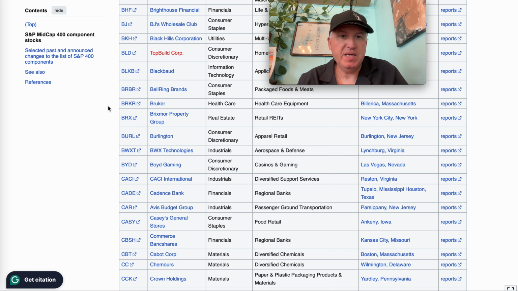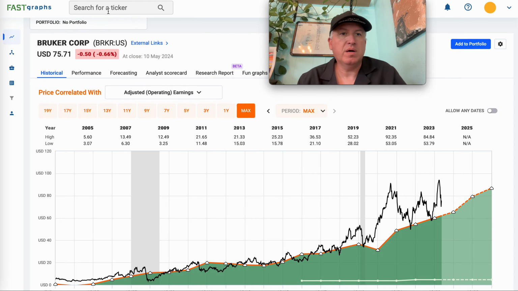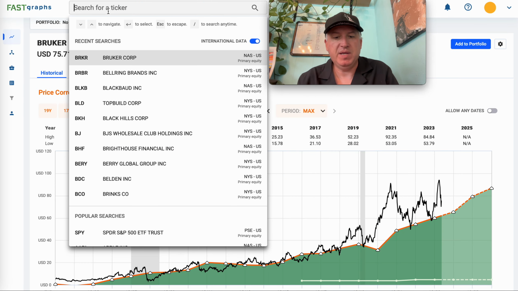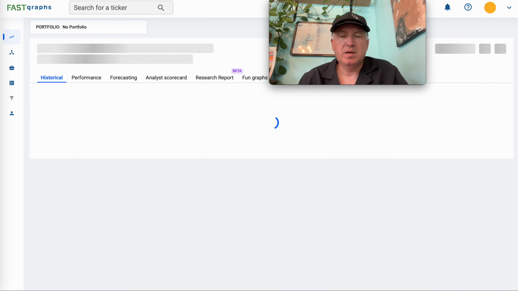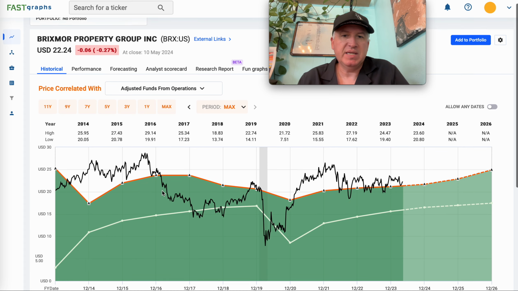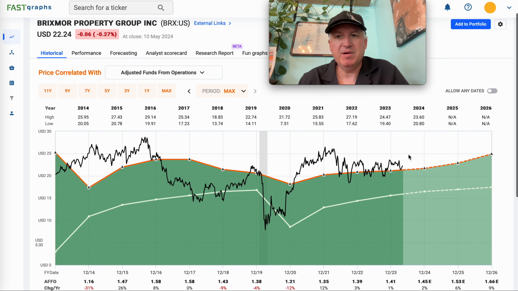Let's see, BRX. This looks like a REIT, so I'll just put that one in the REIT category. One thing with REITs, I like to have at least like 5 years of data. So there is 5 years of data here, but you can see that the price hasn't done much over this time period.